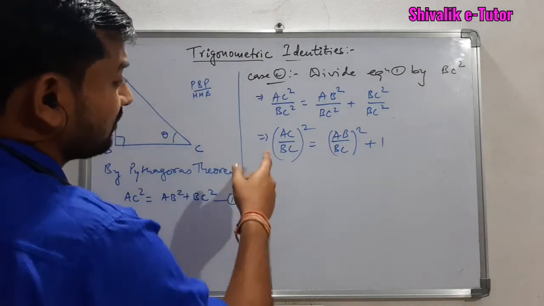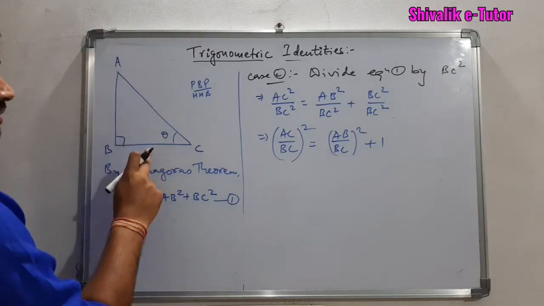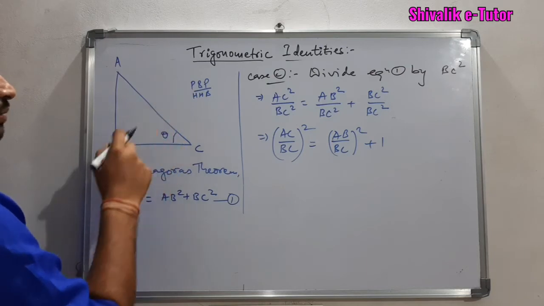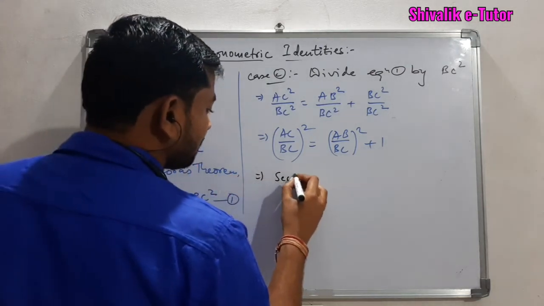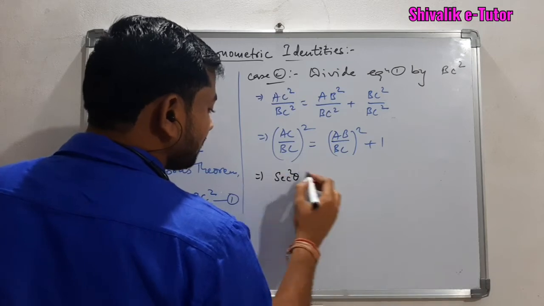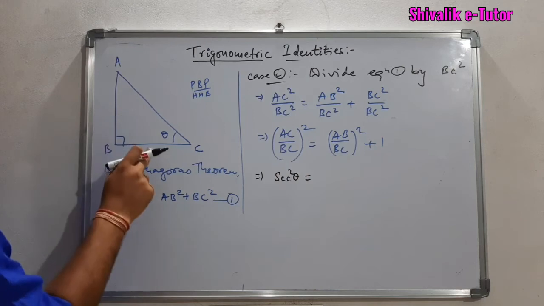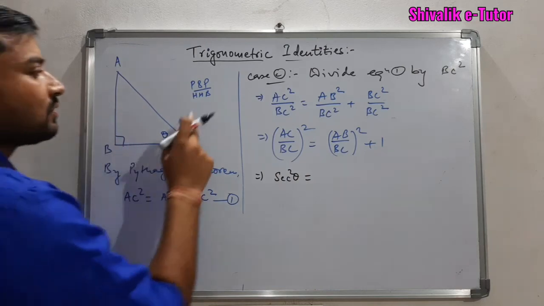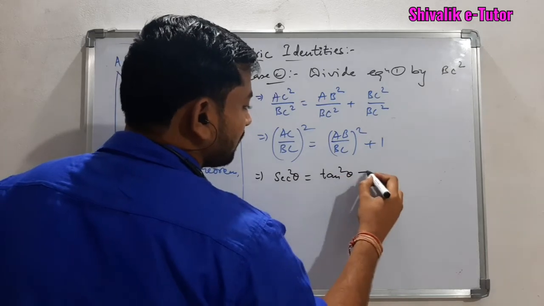Now let us come to this. AC upon BC: AC is hypotenuse, BC is base. Hypotenuse upon base is sec theta, so sec square theta is the result here. Then AB upon BC is perpendicular upon base, which is tan, so tan square theta plus 1.